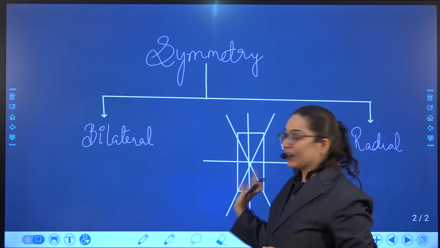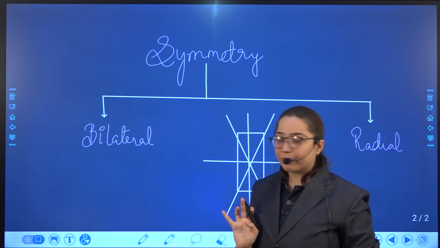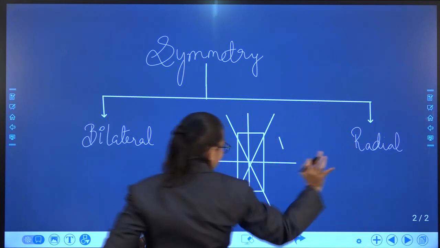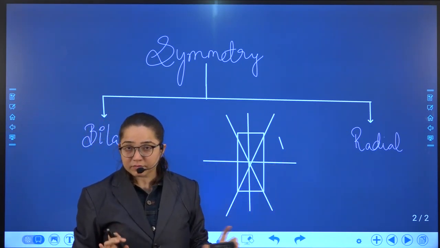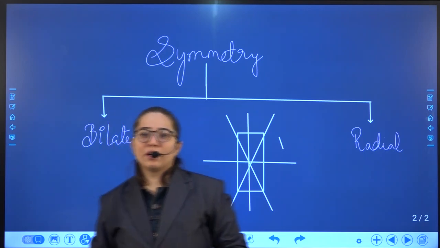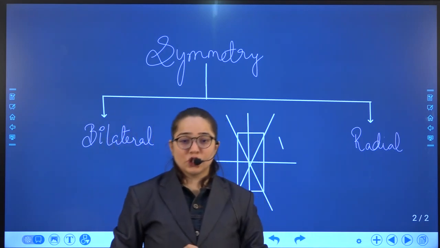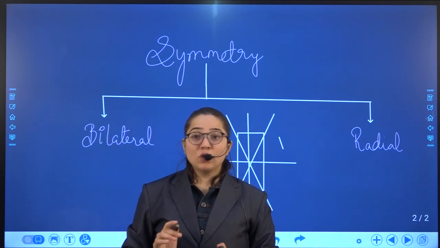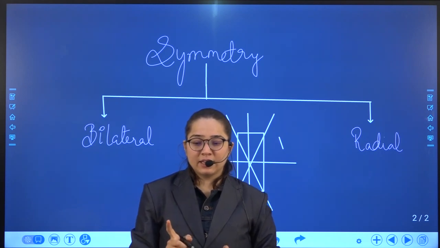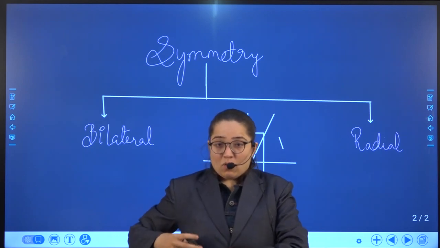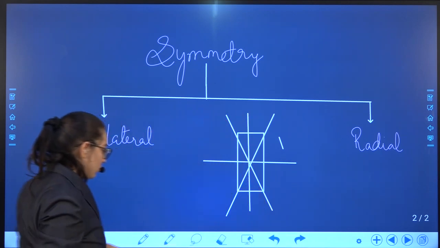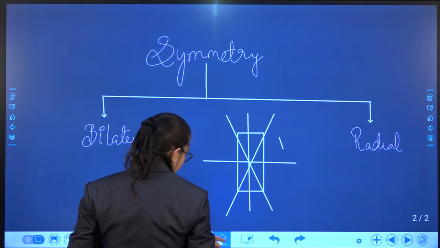So this is how it's getting divided. This doesn't come in either of these two, that is neither bilateral nor radial. Bilateral means you are dividing it into two equal halves using a single way. There is only one plane to divide it into two equal halves.